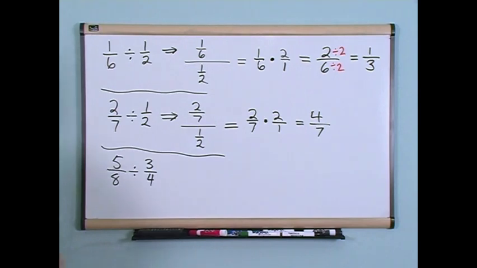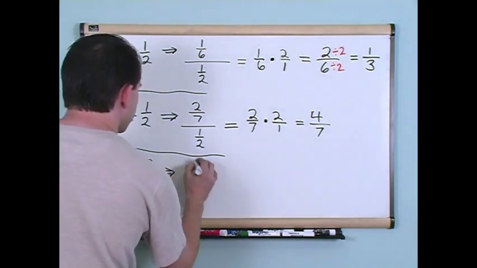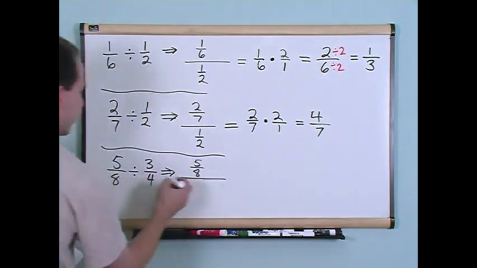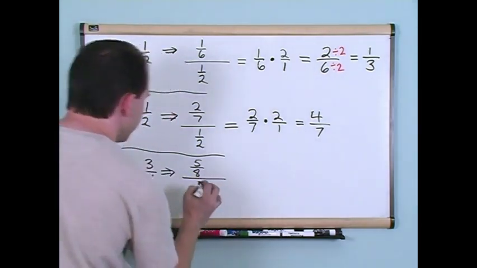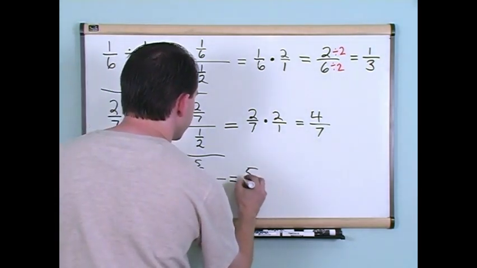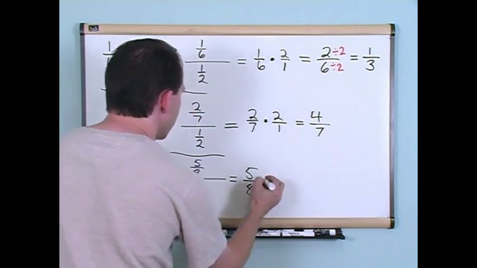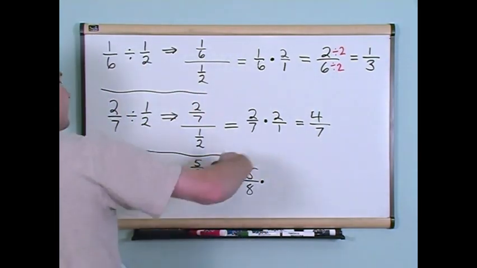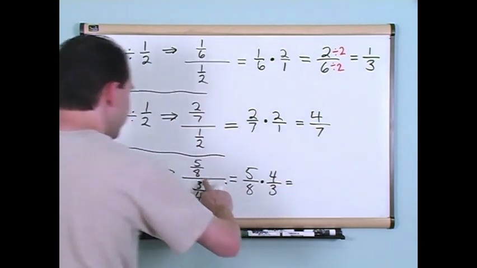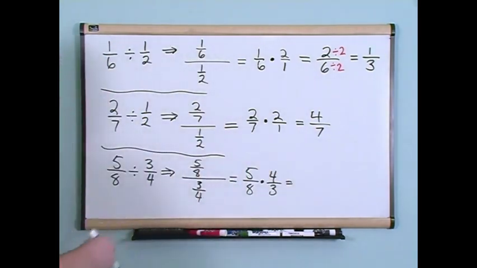Okay? So what I like to do again is write 5/8 on the top, all divided by 3/4 on the bottom. You don't have to write this, but I like to do it. And then finally, to solve the problem, 5/8 times, take this bottom fraction, flip it over, so it's going to be 4/3. So you take the bottom fraction, flip it over, and change it to multiplication.